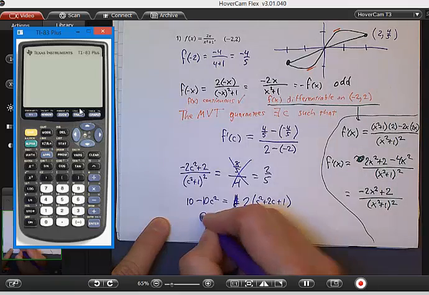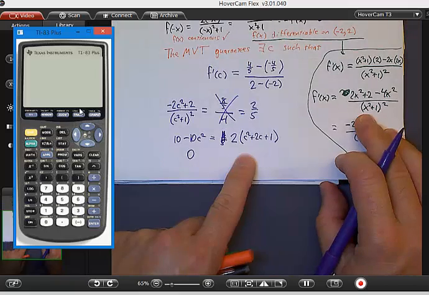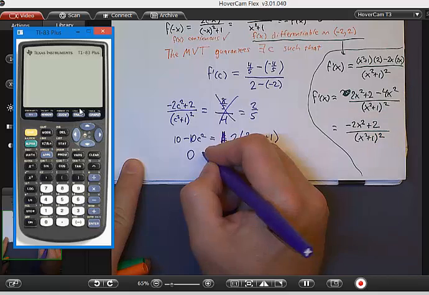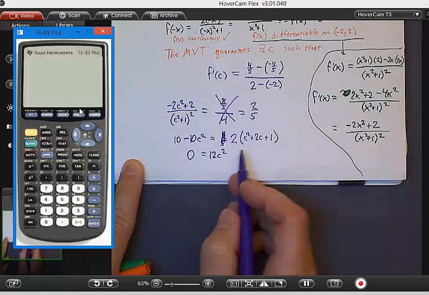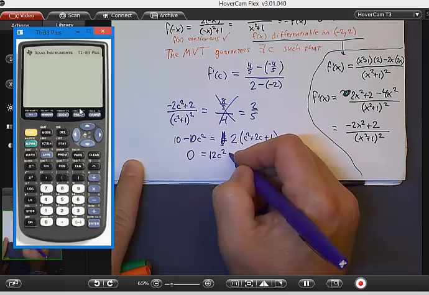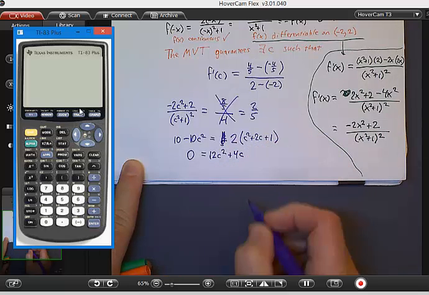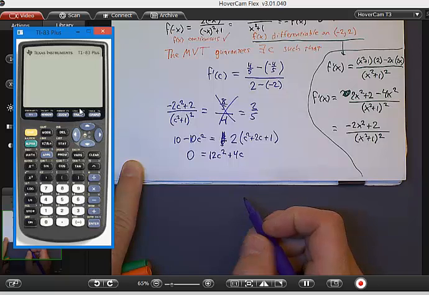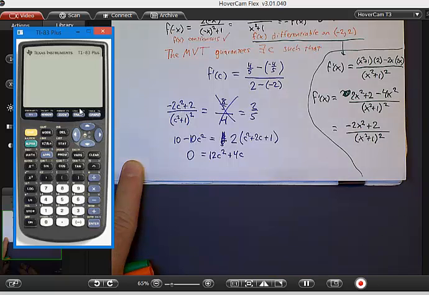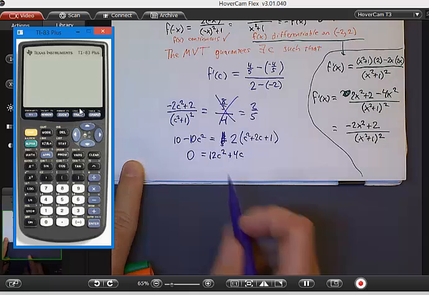So I'll set this side equal to 0 and bring everything over to that side. So now 0 equals 12c squared, because 2 plus 10, plus 4c, and then what? Am I going too fast? 12c squared plus 4c.